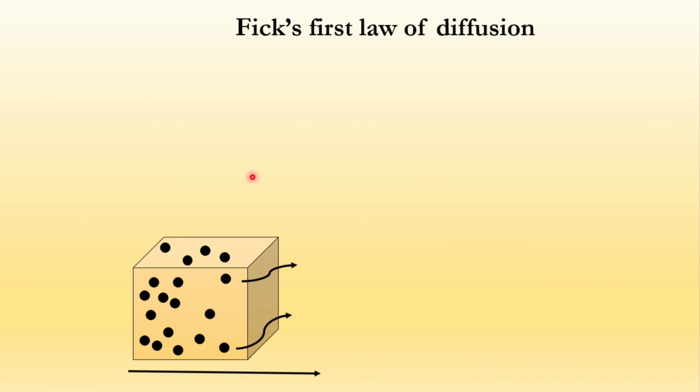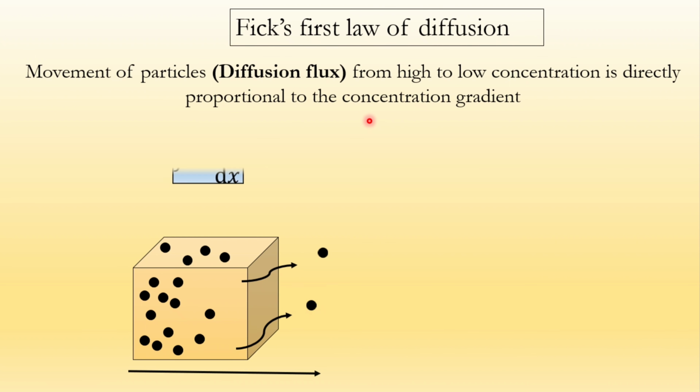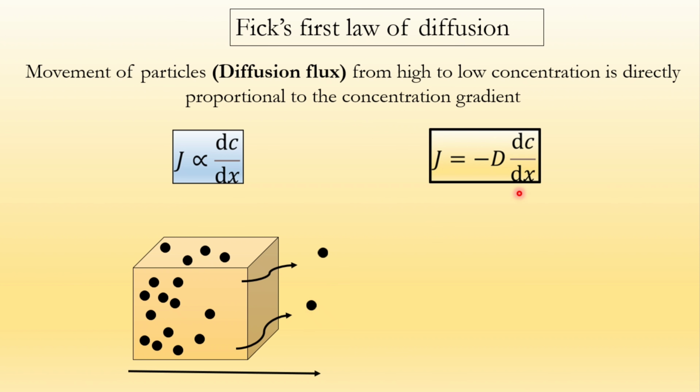Now, let us see Fick's first law of diffusion. It states that movement of particles from high to low concentration is directly proportional to the concentration gradient. J is directly proportional to dC divided by dx. Removing the proportionality, we introduce the letter D to the formula. The negative sign indicates that the flow is from high concentration to low concentration.